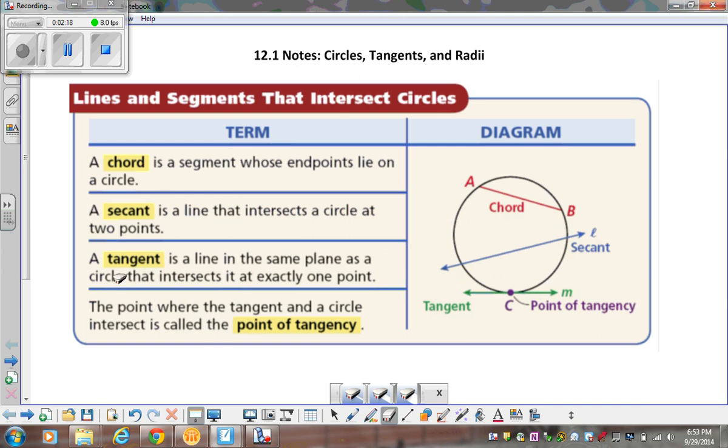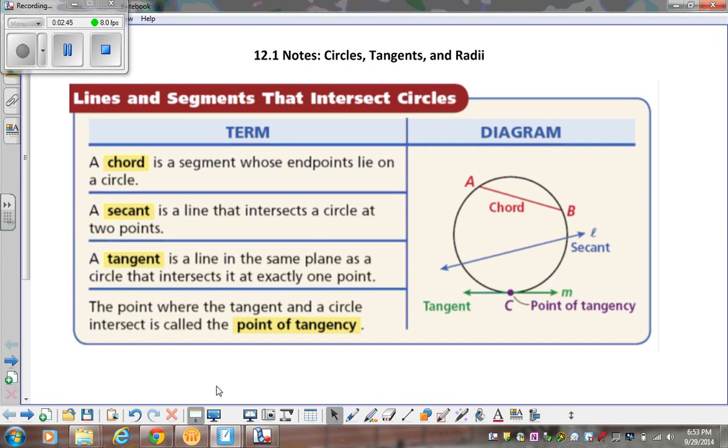The last type of segment, line, or ray we're going to look at is called a tangent. You may be familiar with tangent in triangles, the trig ratio opposite over adjacent. However, this is tangent with circles, so we're not using any trig ratios here. It's just a different type of tangent. Similarly to a secant, it's a line. It can be a segment. It can be a ray.